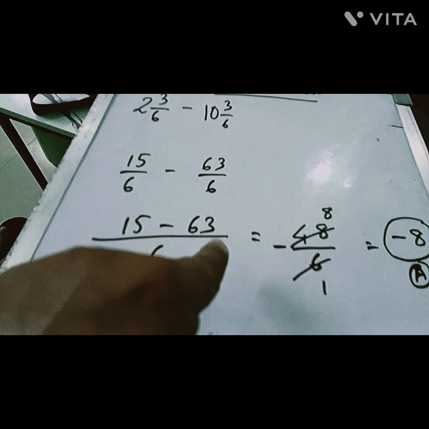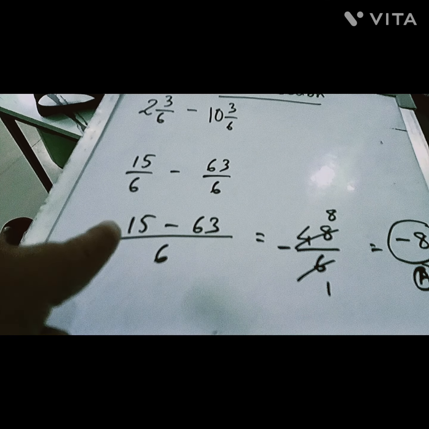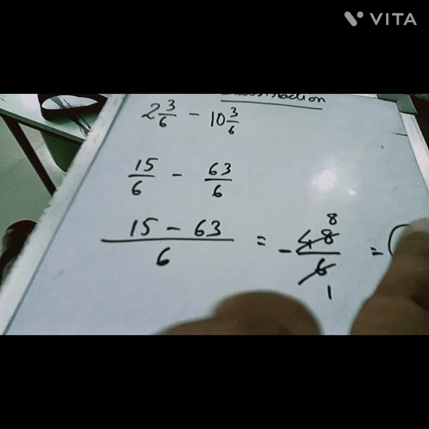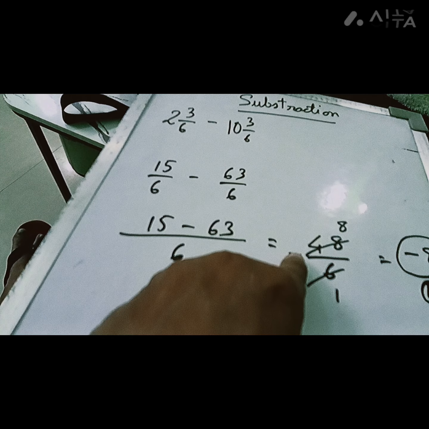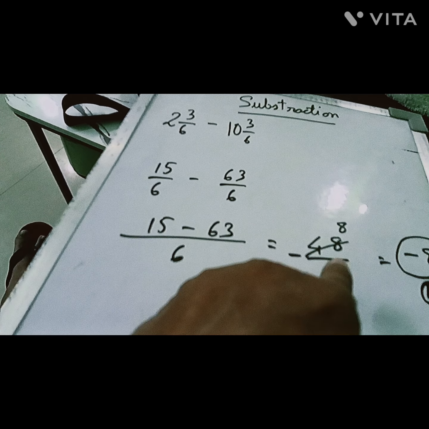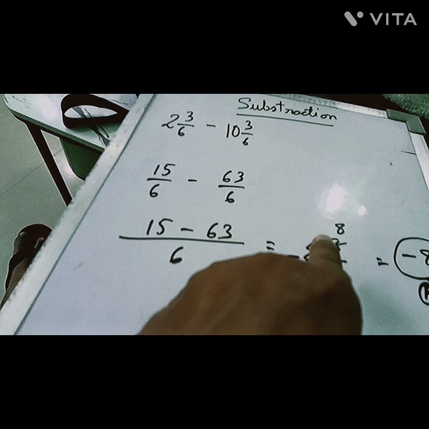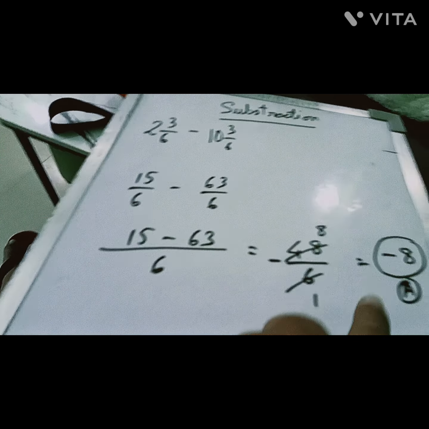It's minus 63 and plus 15. So you have to subtract 63 minus 15, that is 48. But you have to put the minus symbol, because the bigger value integer's symbol will come here, minus 48. Denominator is 6. 6 eights are 48. So the answer is minus 8.